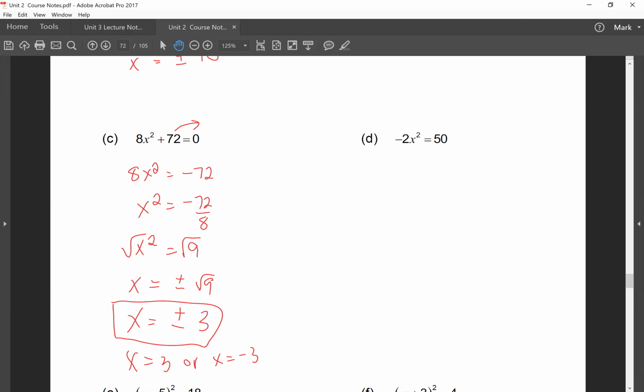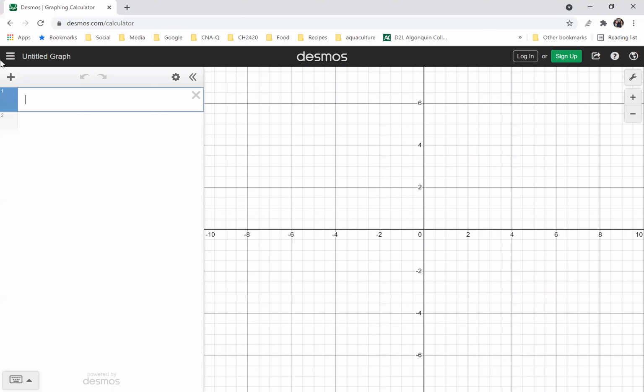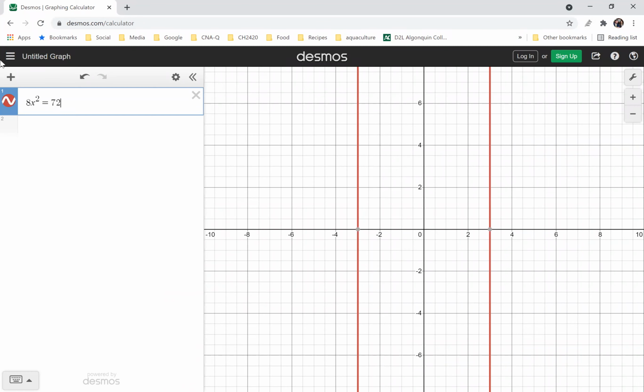If I graph this, and I know I just closed that, but let me show you. Just give me one second. I have to open up my window again. If I graph this, I think it was 8x squared equals 72.